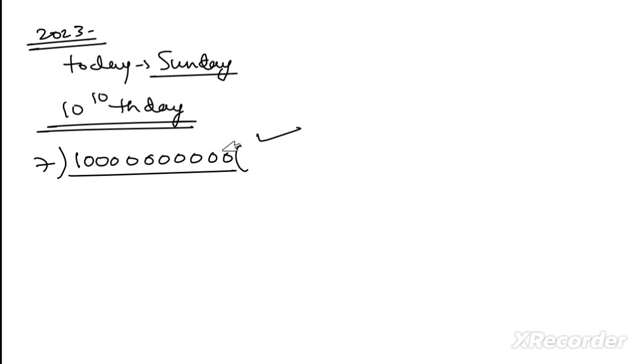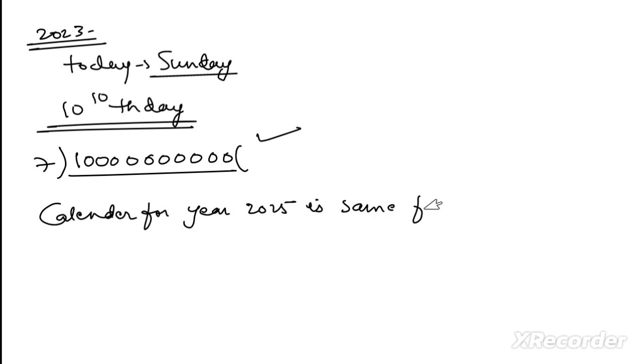Second question is, we have to find the calendar for year 2025 is same as which year? Right now, I have told you that for 2021 and 2027 we compared using the same method, and we can compare for this one too.